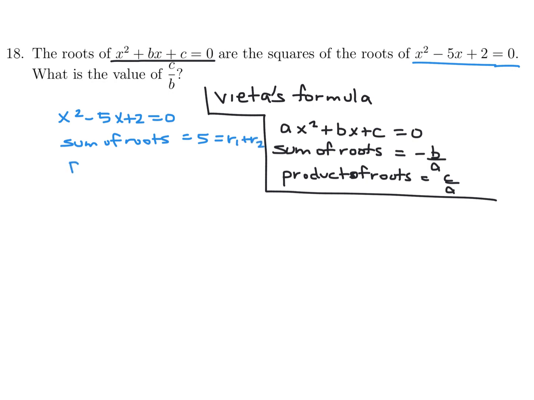And the product of the roots is c over a, which is just 2 in this case. So r1 times r2 is 2. Now they're saying that the roots of this equation are the squares of the roots of that one. So for x squared plus bx plus c equals 0, the roots would be r1 squared and r2 squared. Got it?